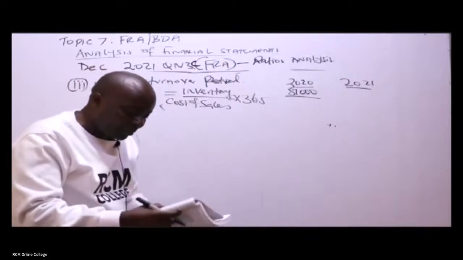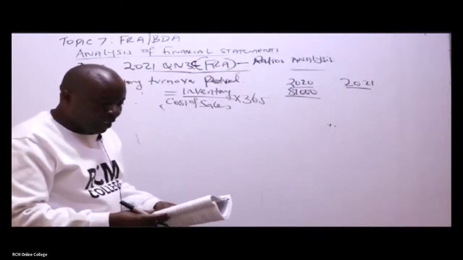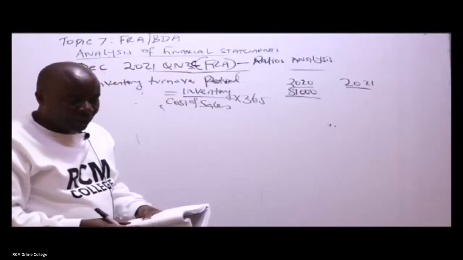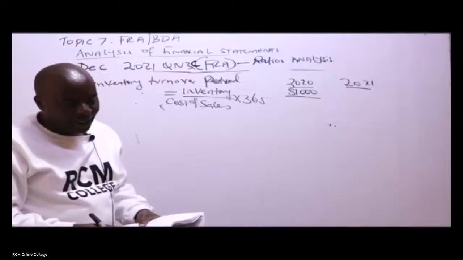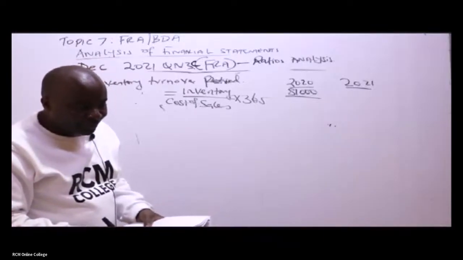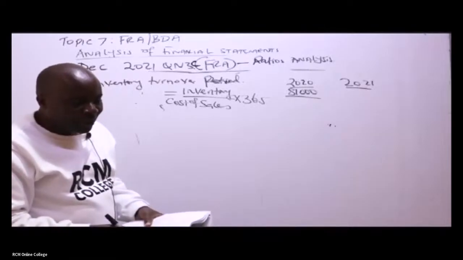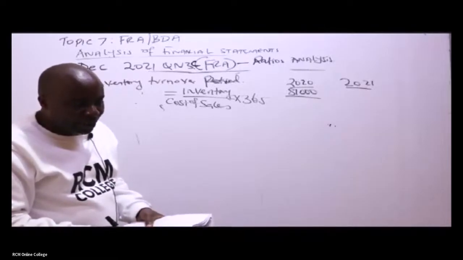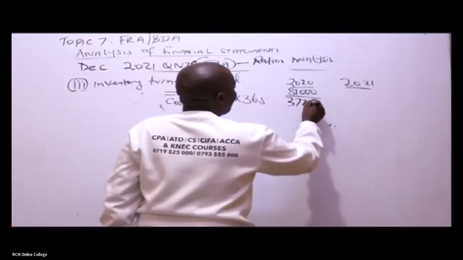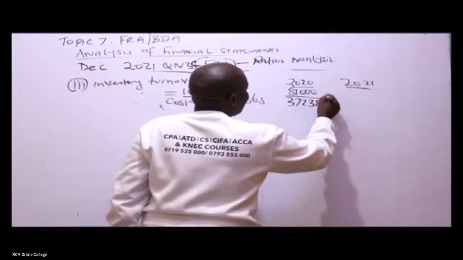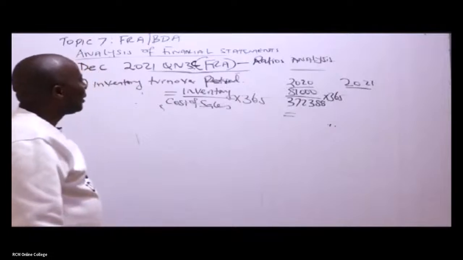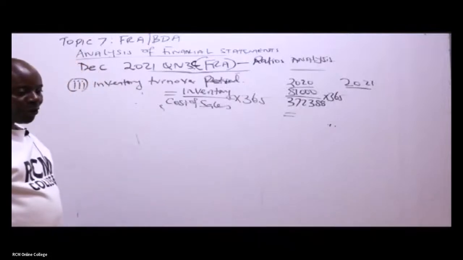Please go to the income statement given for 2020. Cost of sales 372 something, right? You must write it down for me to see. 372,388. 372,388 times 365 days. Could you kindly give me this inventory turnover period?